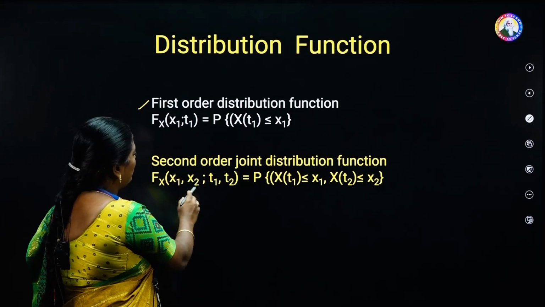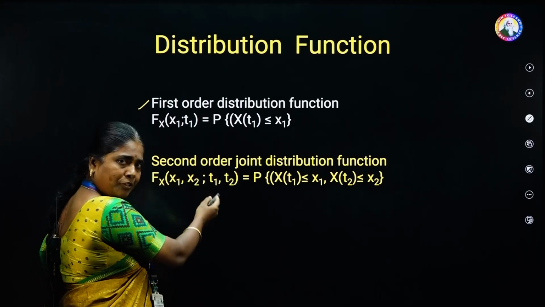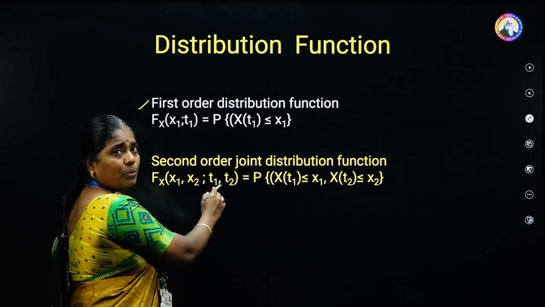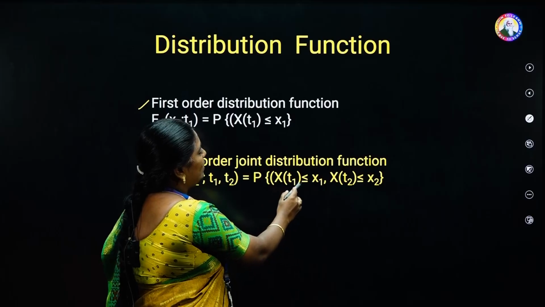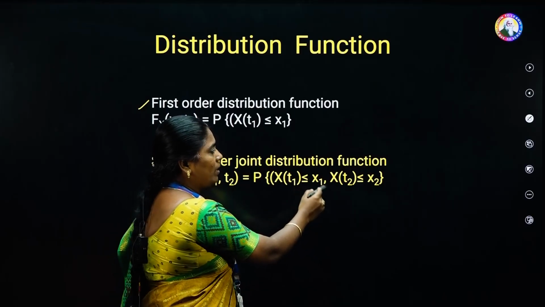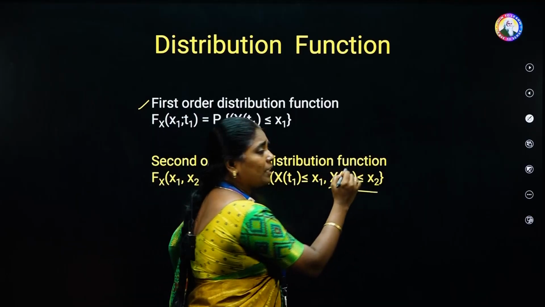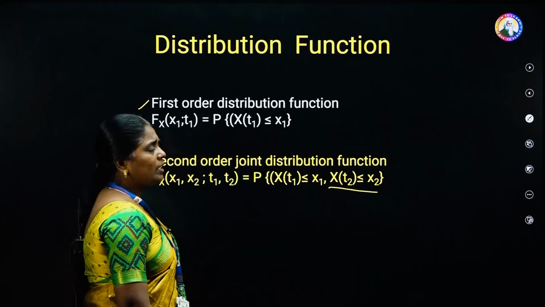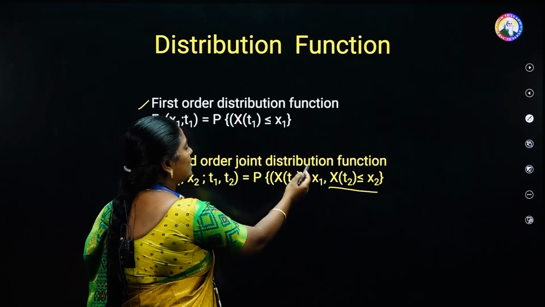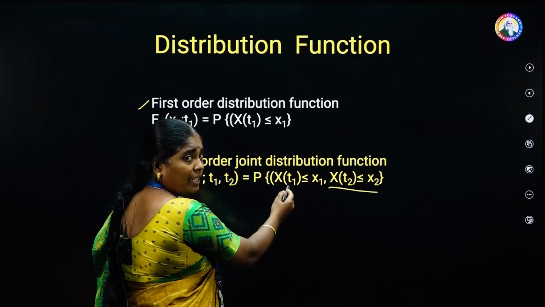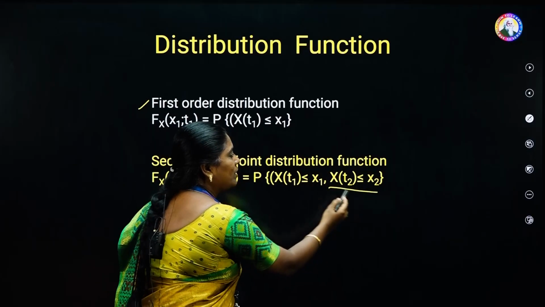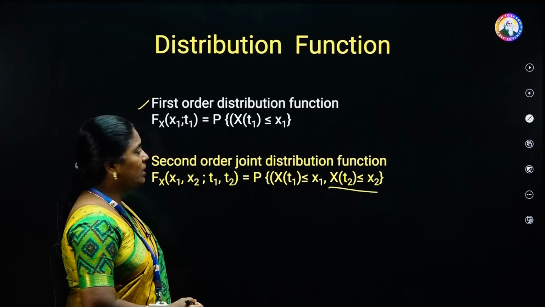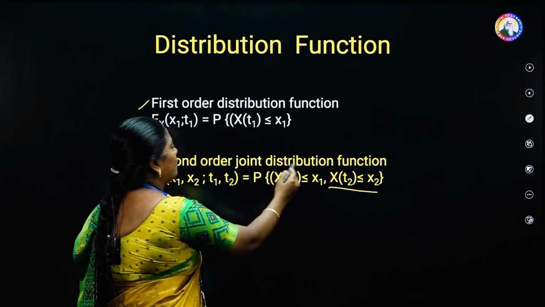Now see here, two random processes are there at two different times t1 comma t2. That is equal to the probability of x of t1 less than or equal to x1 comma x of t2 less than or equal to x2. In the previous case only one random variable is there, so we have taken only one time t1, and thus we have indicated only one probability. Now here we are having the joint, hence it is named the joint distribution function.